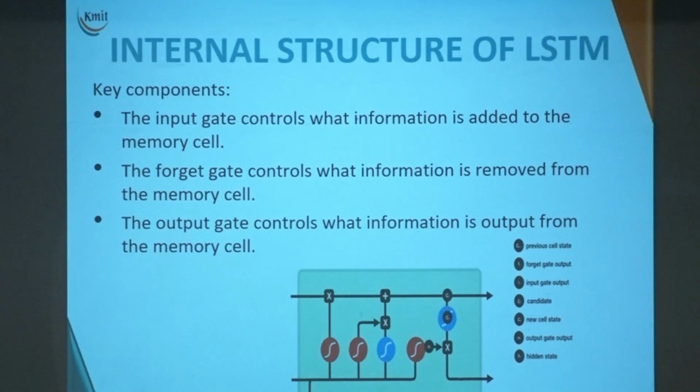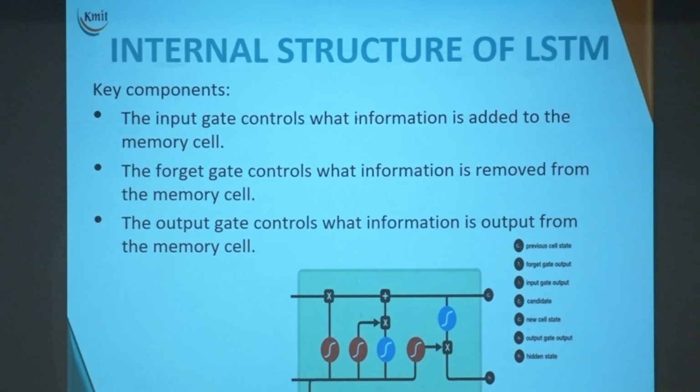You could actually ask me, ma'am, how is it possible that it understands which keyword? Because I told you it is not going to store the entire sentence, it is going to store the keywords. How is it retaining keywords? Then how is it processing the next sequence? Same like RNN. The memory cell or LSTM cell is designed in such a way that it has gates inside it, which control the flow.